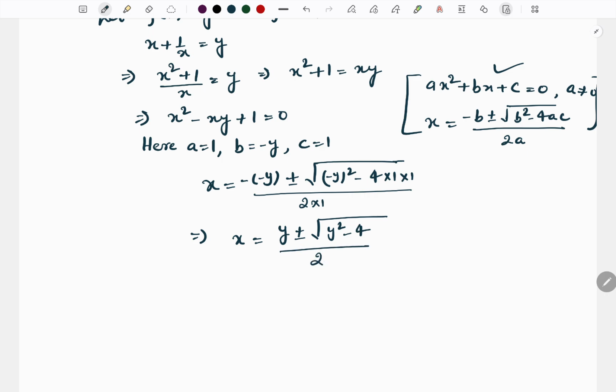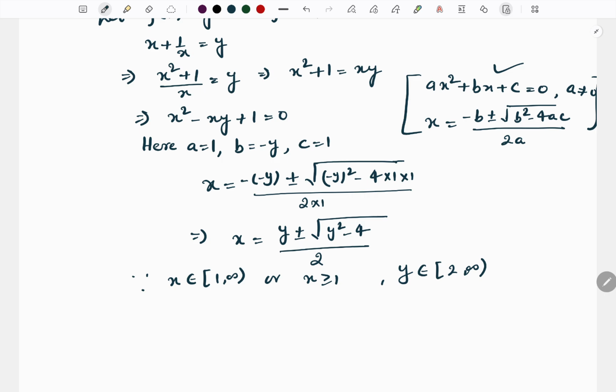Now, since x belongs to the interval 1 to infinity, or we can say x is greater than or equal to 1, we cannot take the negative sign, because we are choosing y in the interval 2 to infinity, and for every y we should have an x.